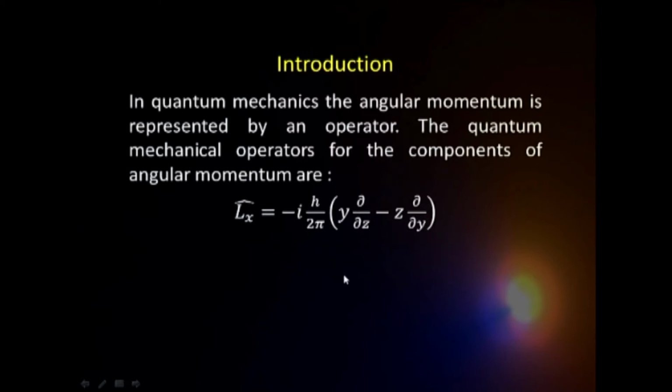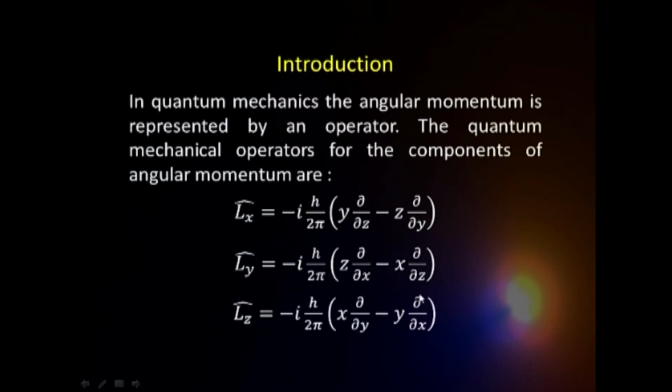That is the very important observation you can make on these equations. If it is y, you can easily see that the derivative terms are x and z. So, we have the three angular momentum operators, which are possible in the x, y and z directions.